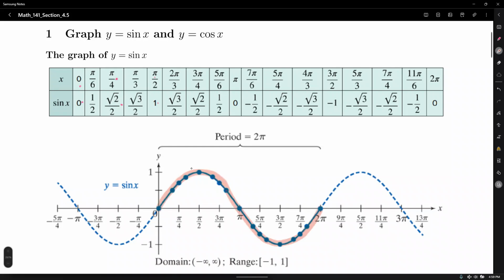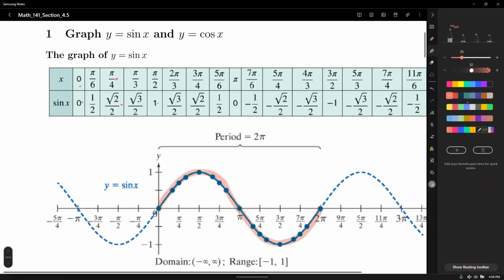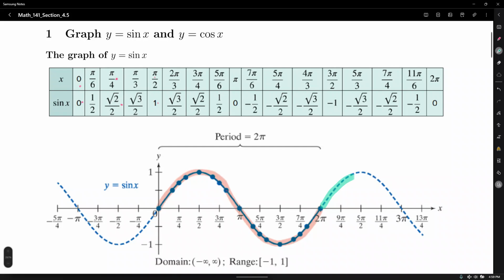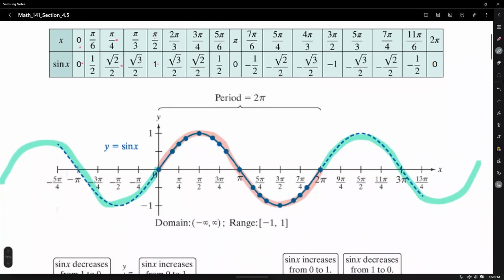It completes one cycle, and see how the shape of the graph essentially repeats. It repeats in the positive direction, but it also repeats coming from the negative direction. The shape repeats itself every 2 pi. That means it's periodic at 2 pi.